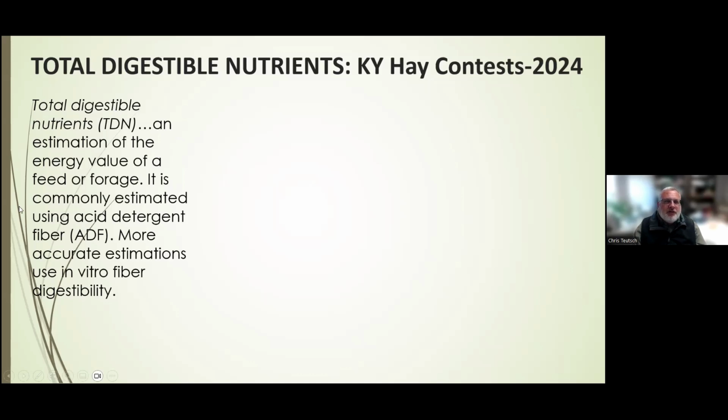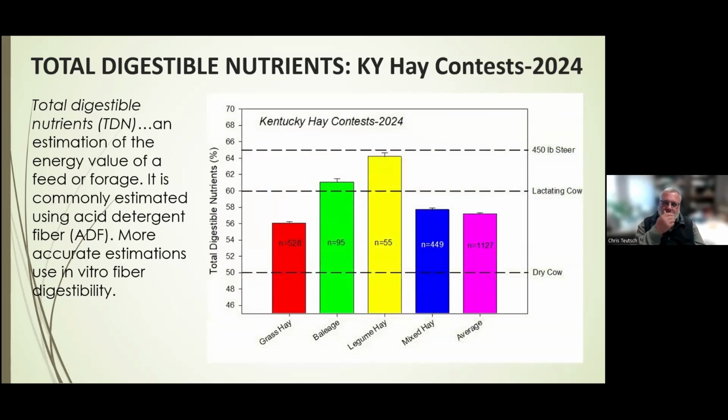And we estimate this using a value called acid detergent fiber. You'll commonly see acid detergent fiber on your forage analysis. And the way we calculate total digestible nutrients is we have a formula that, based on acid detergent fiber, we plug that acid detergent fiber into the equation, and it gives us an estimate of the energy in that hay, or the total digestible nutrients.